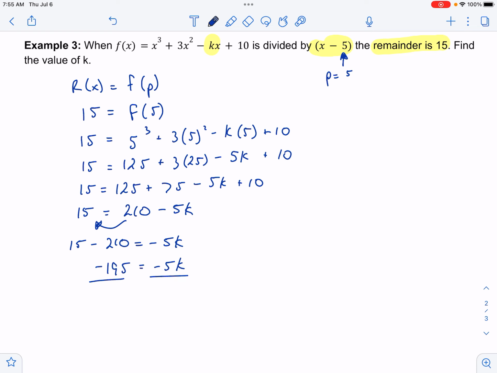And I divide both sides by negative 5 to get an answer of 39. My k value here is 39 in order for that to be true, for the remainder to be 15 when it's divided by x minus 5. Okay, that was a backward way of thinking about it, really flexing your understanding of the remainder theorem and more of a thinking level question. Nicely done, everyone.